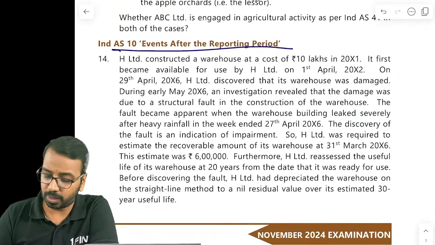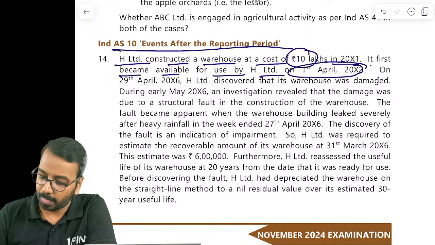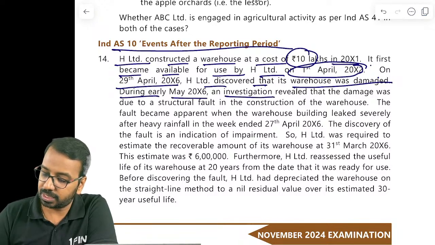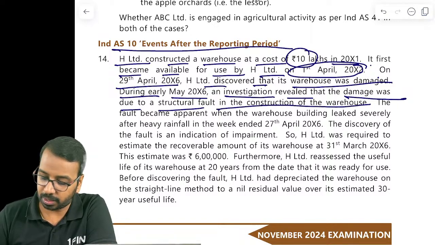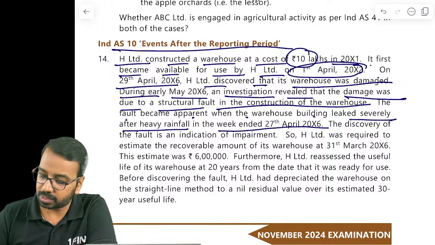So we'll just quickly have a look at it. H Limited constructed a warehouse at a cost of 10 lakhs in year 1. It first became available for use by H Limited on 1st of April of year 2. On 29 April of year 6, H Limited discovered that its warehouse has been damaged. During early May 6, an investigation revealed that the damage was due to a structural fault in the construction of the warehouse. The fault became apparent when the warehouse building leaked severely after rainfall in the week ended 27 April.